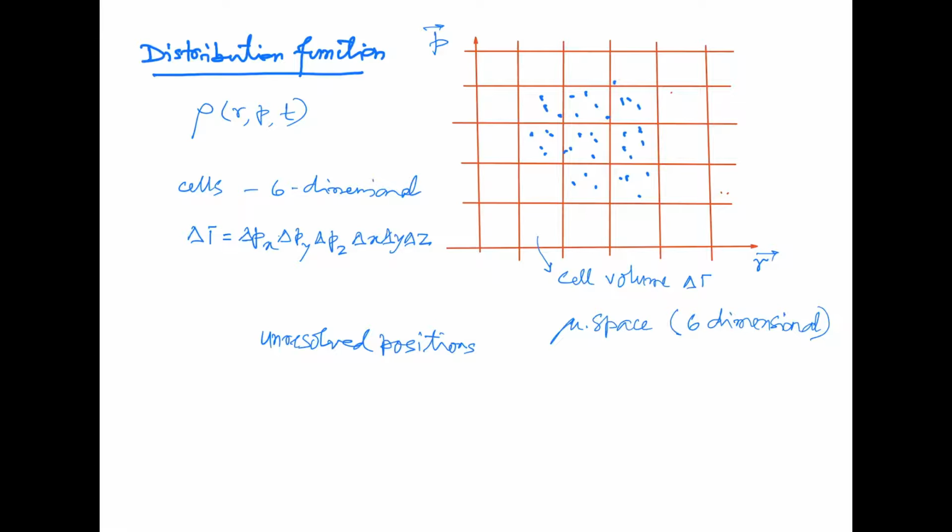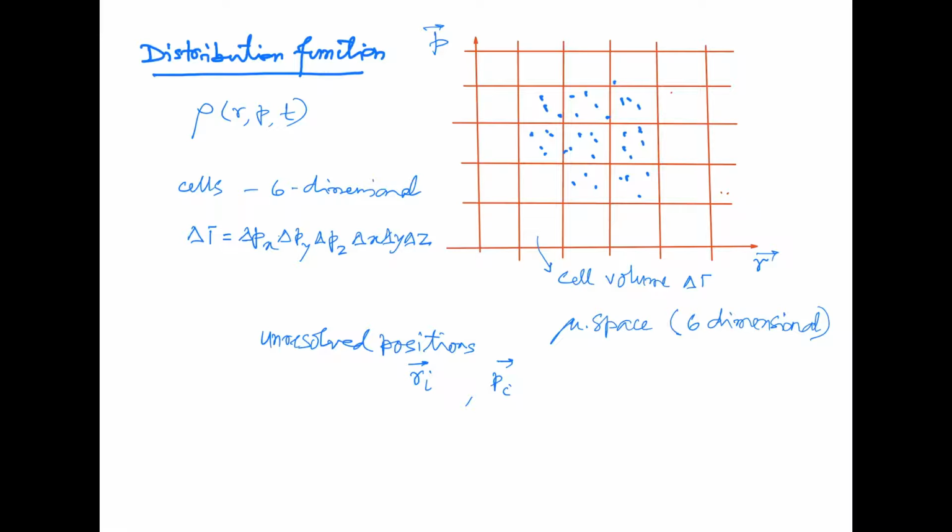We represent those positions by Ri, and they have unresolved momenta pi. That means for all the particles we consider the same momentum pi.